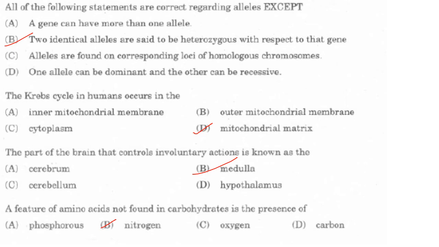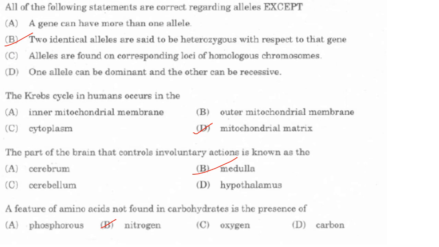One who is heterozygous will have two different alleles, such as one dominant and one recessive for a given gene. Alleles are found on corresponding loci of homologous chromosomes. That is also correct. One allele can be dominant and the other can be recessive. That is also correct. So answer is option B.